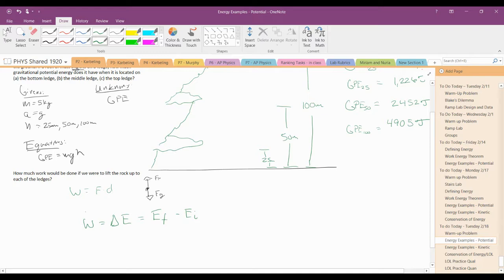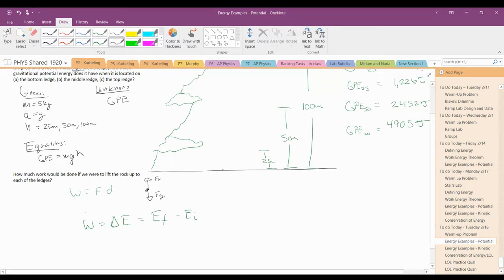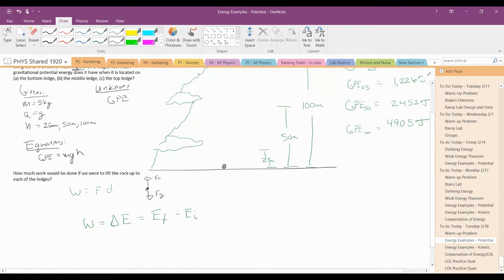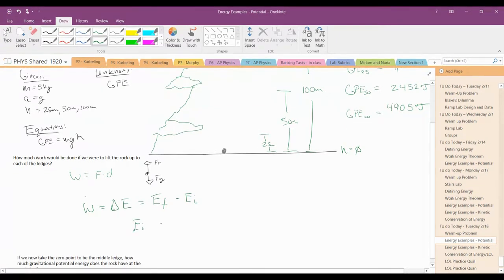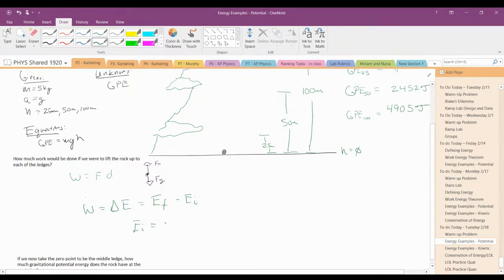Okay. So if we start out with a rock, the 5 kilogram rock down here at the ground, what is its initial gravitational potential energy? Well, that would be at a height of 0. So then our E initial, our potential energy initial, is 0, right?